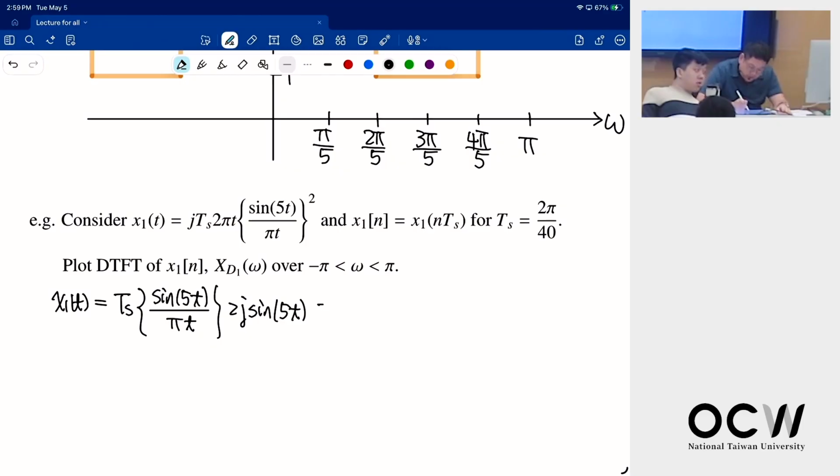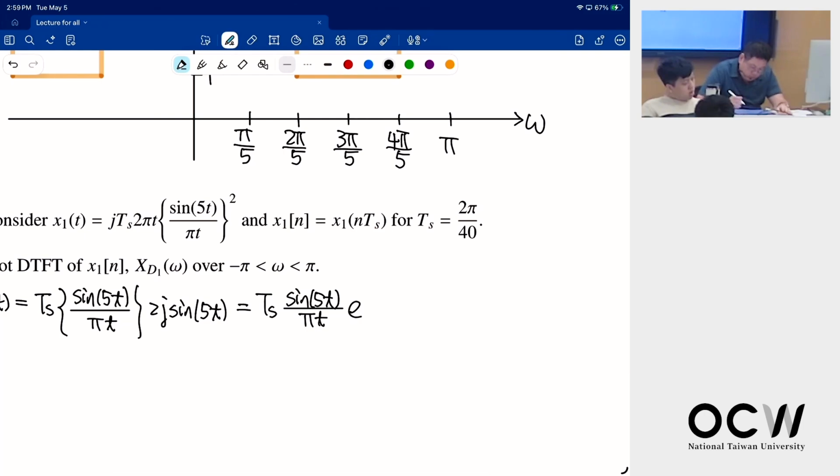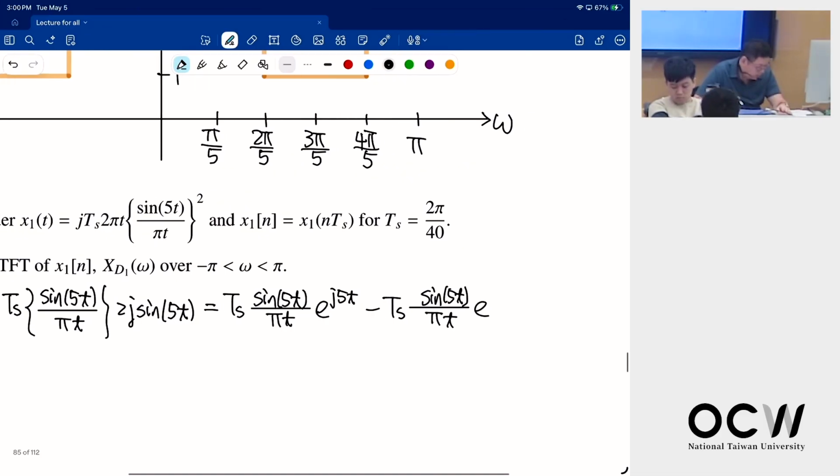So this is Ts times the sinc function e to the j 5t, and then minus Ts sine 5t divided by pi t e to the minus j 5t.